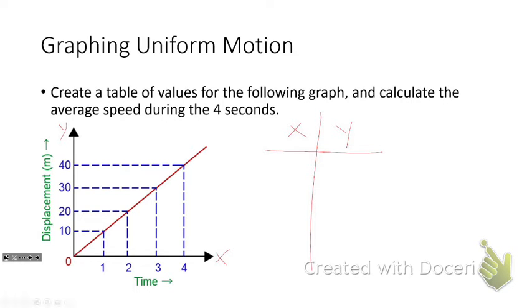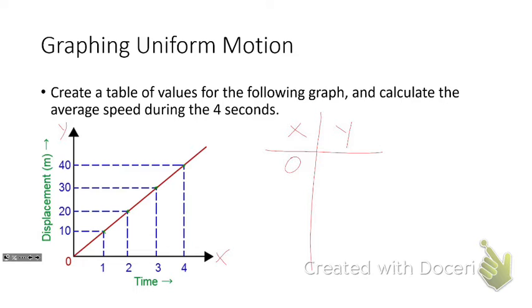And we have some data points on here which are nicely laid out for us. So when we are at a time of 0, we always have to start at the beginning of our graph, right? When we're at a time of 0, what is our displacement?